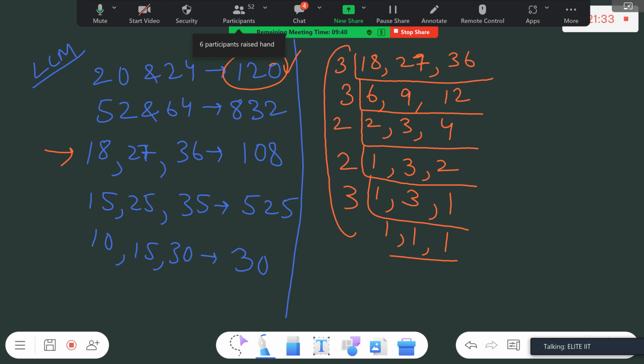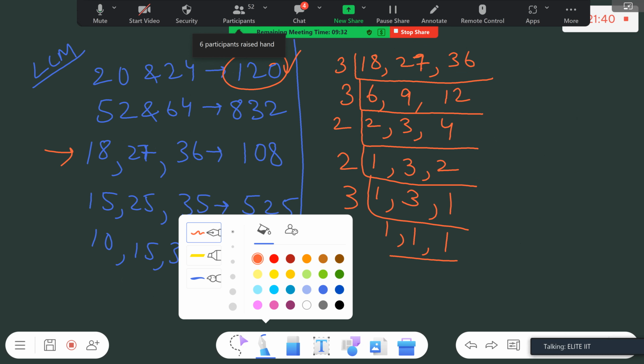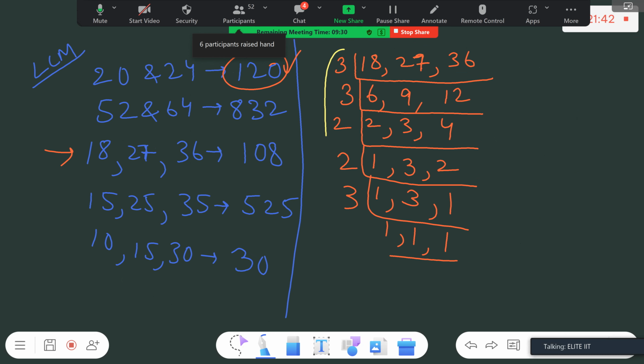So LCM is the multiplication of all these on the side. LCM is 3 into 3 into 2 into 2 into 3. What will be the answer?